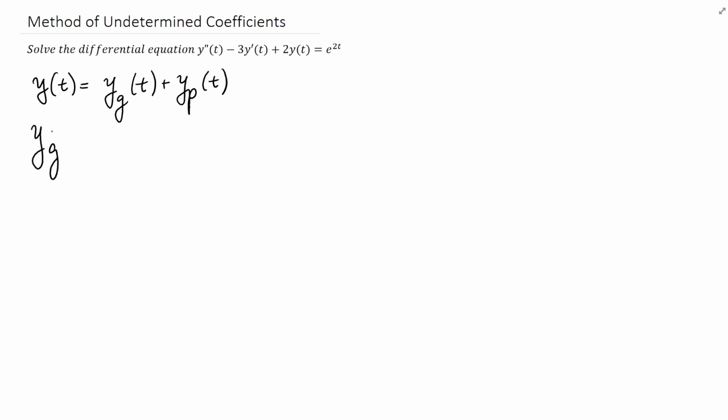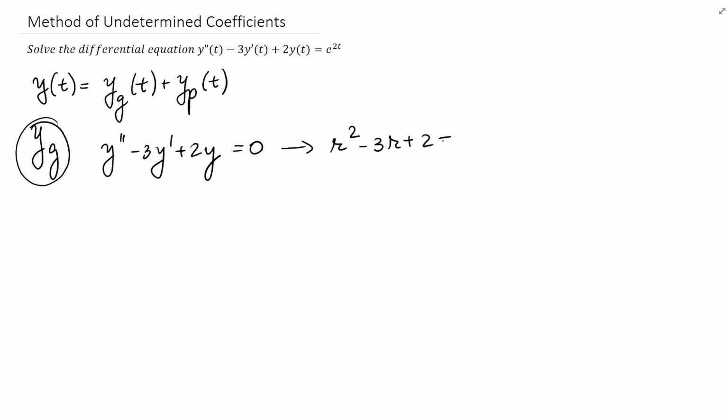So yg. In order to find the general solution, we start with the equation y double prime minus 3y prime plus 2y equals 0, the homogeneous one. The characteristic equation is r squared minus 3r plus 2 equals 0.